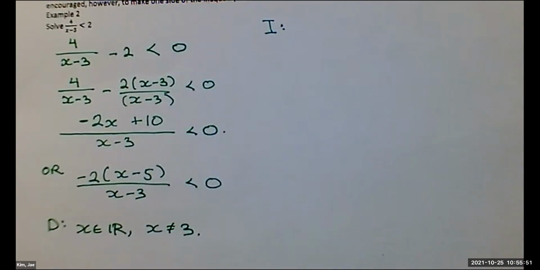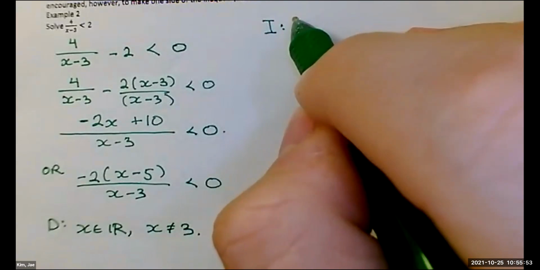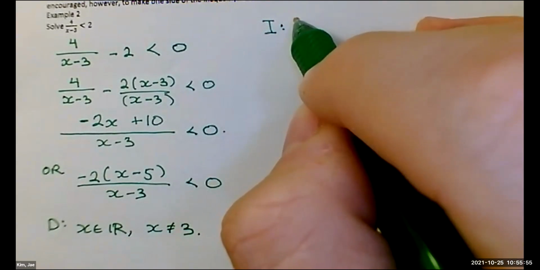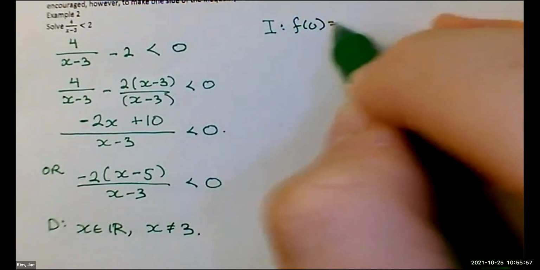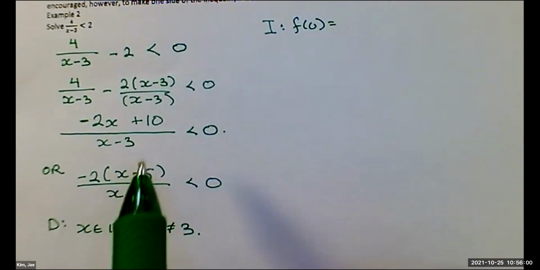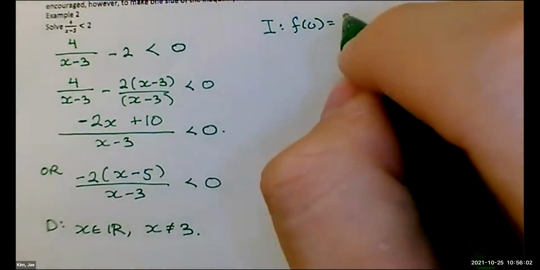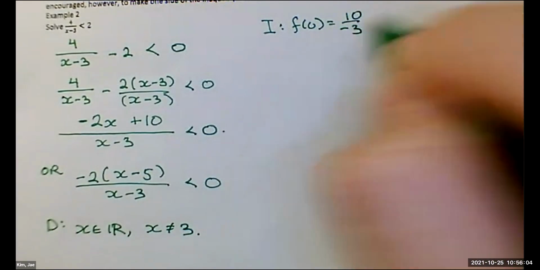The y-intercept, f of 0, is going to be 0, 0, 10 over 3, or negative 3.